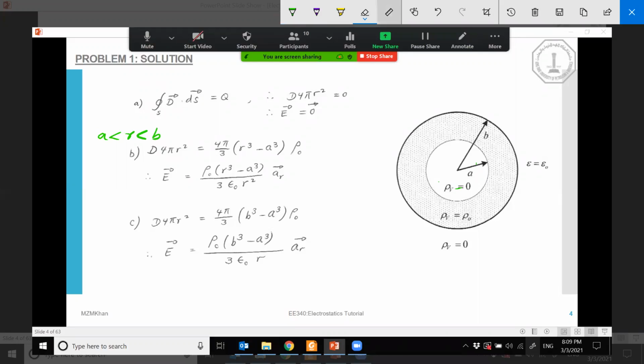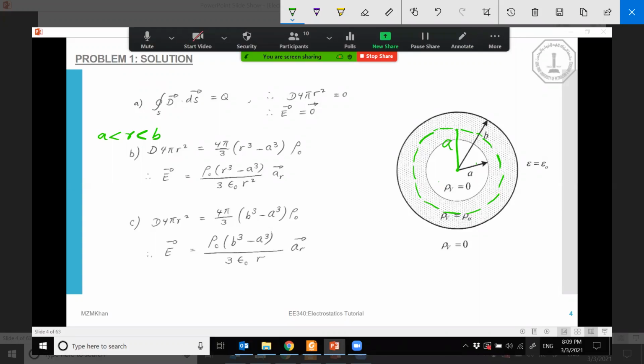Again, in order to find the magnetic field, I'm first going to decide my Gauss's surface. Here, my Gauss's surface will be a spherical shell, but I'm going to put it in my region of interest, that is between A and B, and this radius will be A.